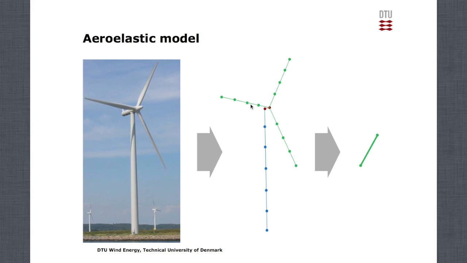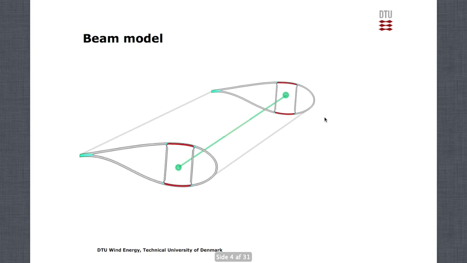We are mostly interested in the beam finite elements that are used here to represent the blade. So this guy here. And essentially what we want is to get these elements to be able to represent accurately the response of the real structure. So usually one of these elements represents a part of your blade.